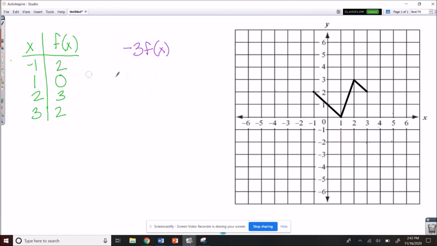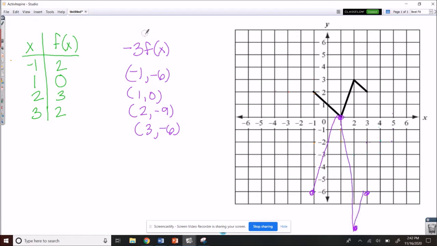So not only am I going to take my 2 down to a -2, I'm also going to multiply it by 3. 0 stays the same. 3 becomes -3, and then we multiply it by 3. And this will be the same thing. So I have (-1, -6), (1, 0) stays the same, (2, -9), like way down there, and then (3, -6). So you can see I have that reflection and that stretch.